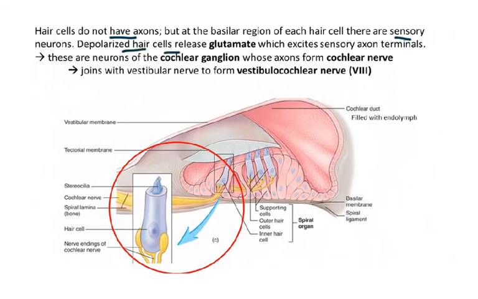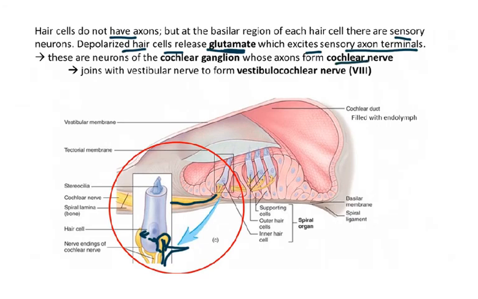The depolarized hair cells release a neurotransmitter, which is an excitatory neurotransmitter called glutamate, which will then excite the sensory axon terminal. So here, these are the sensory axon terminals. They're going to be receiving glutamate, which will cause them to then have an action potential and carry that stimulation up this nerve, which is called the cochlear nerve as it leaves the cochlea.